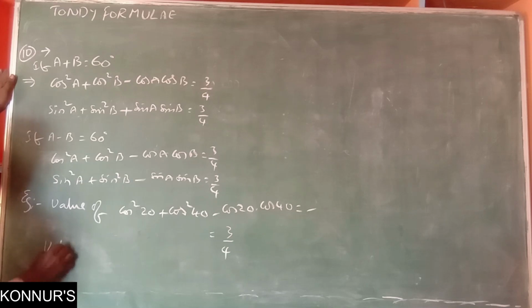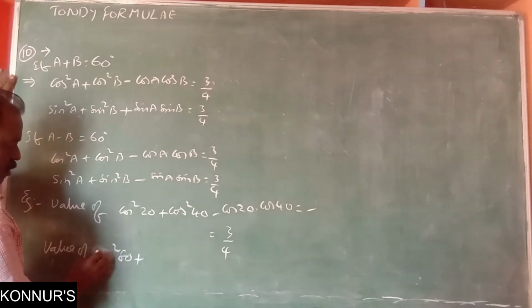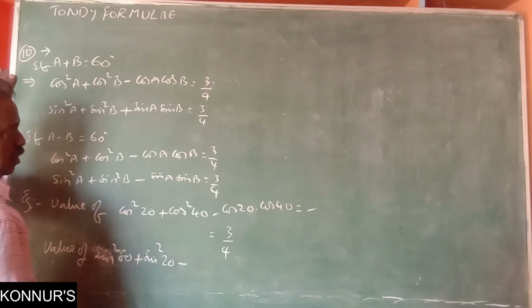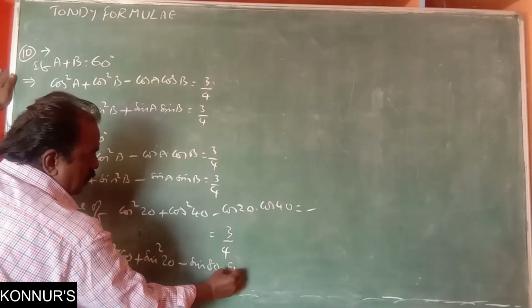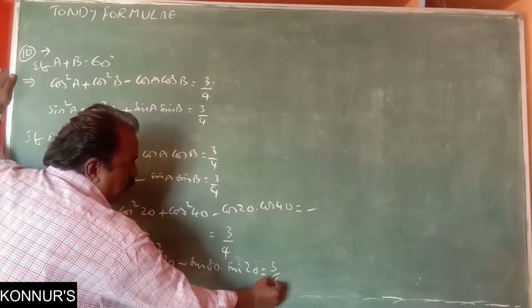What is the value of sine square 80 plus sine square 20 minus sine 80 sine 20? It is also 3 by 4. Why?